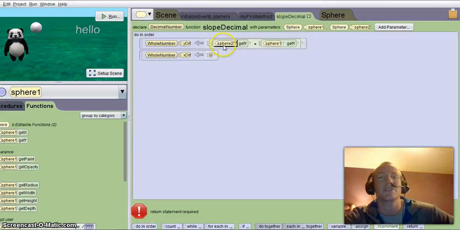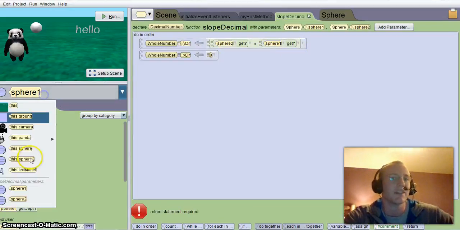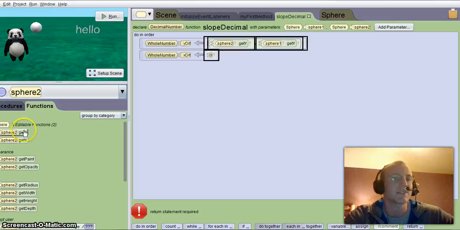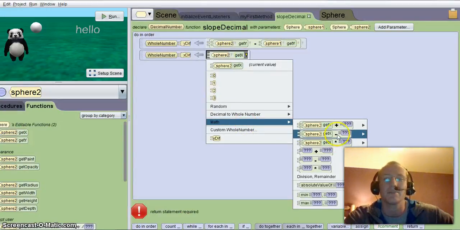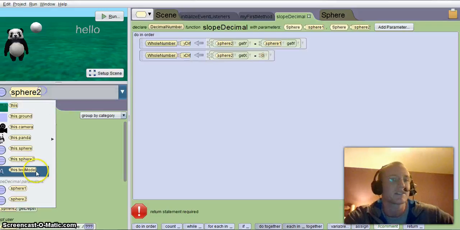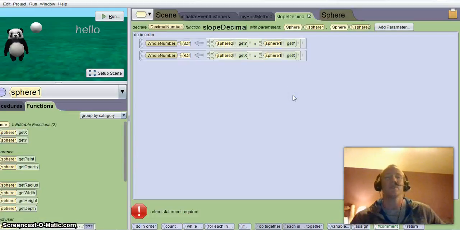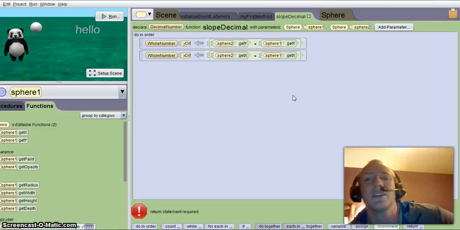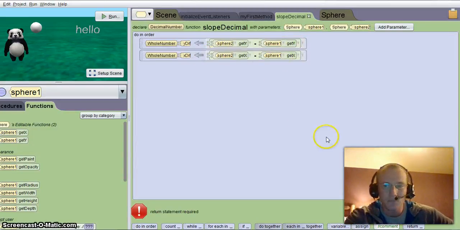So the y difference is spheres 2 y, which is y2, and sphere 1's y, which is y1. So we're doing the same thing with the x difference. Get x from sphere 2, math minus sphere 1's get x. Okay? So you should have sphere 2 minus sphere 1, and so on.